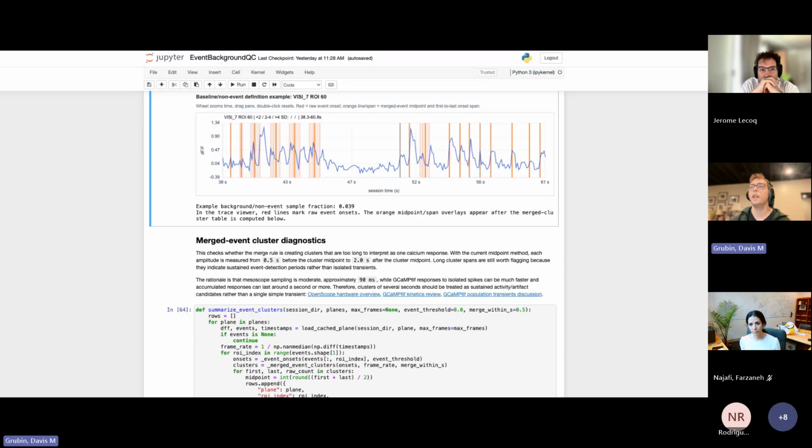Yeah, what we noticed is that our heuristic for evaluating our other signal to noise metrics was basically seeing whether they correlated with something that visually looked like a clear calcium transient versus a lot of random fluctuations.